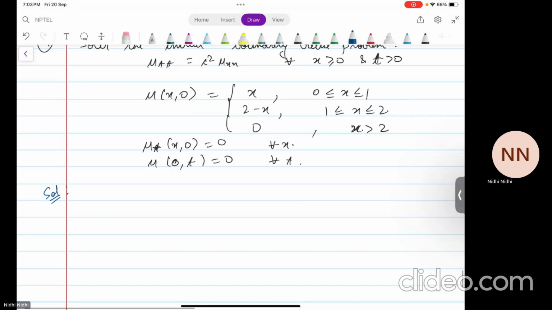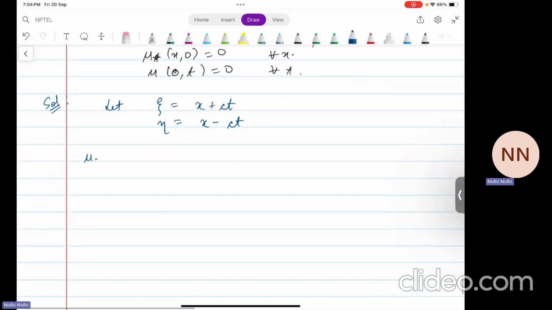I hope you remember that. We will take zeta to be x plus ct and eta to be x minus ct. So that will give us ux is equal to u zeta plus u eta.